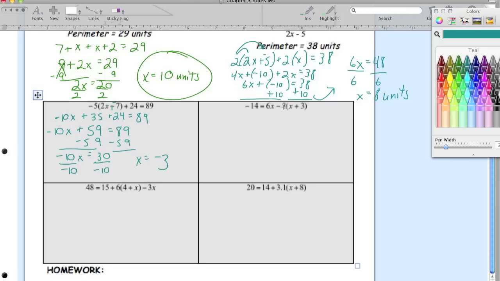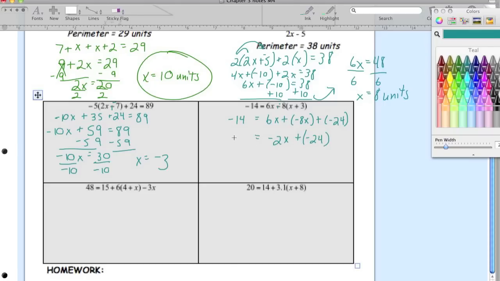And this problem, add the opposite. So I distribute in a negative 8. So I get 6x plus negative 8 times x is negative 8x, plus negative 8 times 3 is negative 24. And all that's equal to negative 14. Combine my like terms, 6x and negative 8x, which is negative 2x.